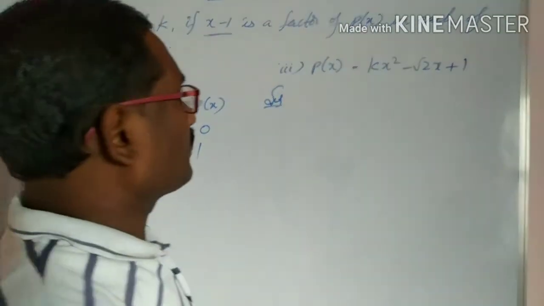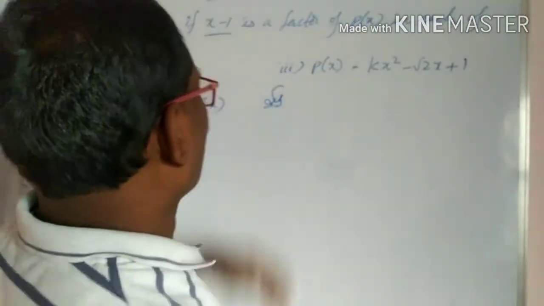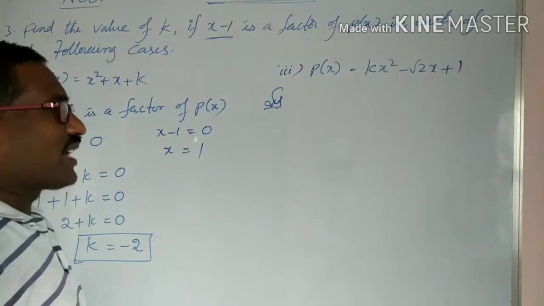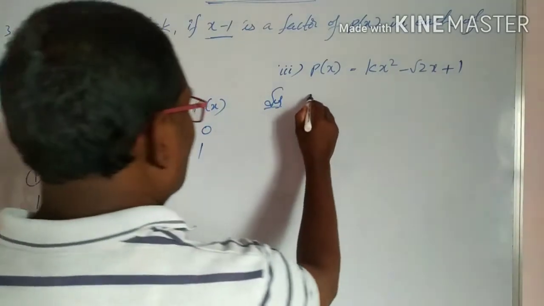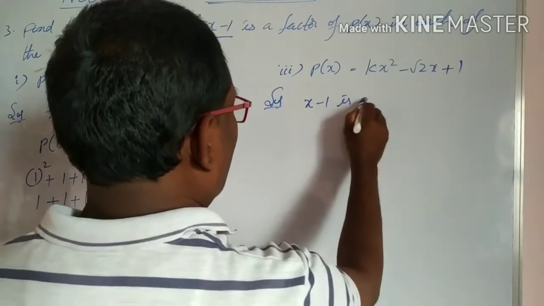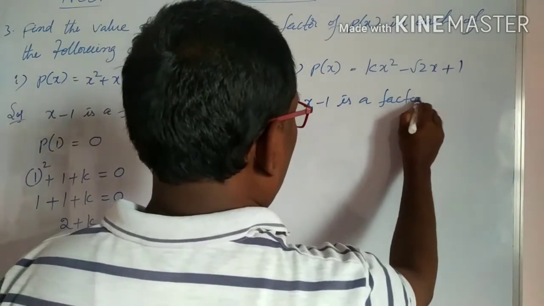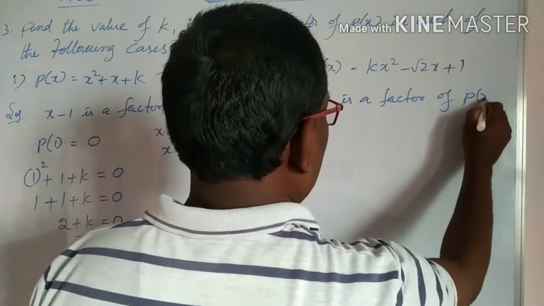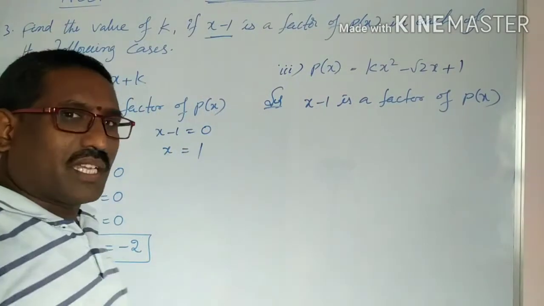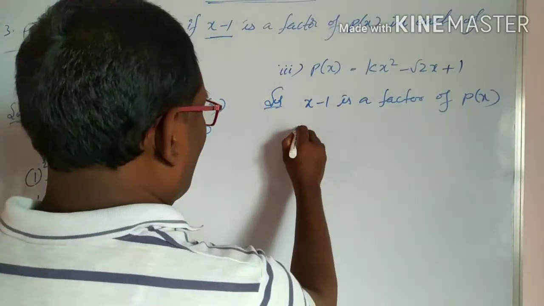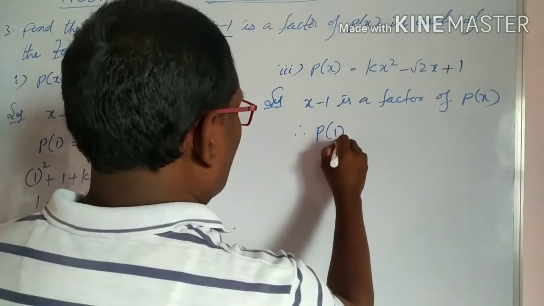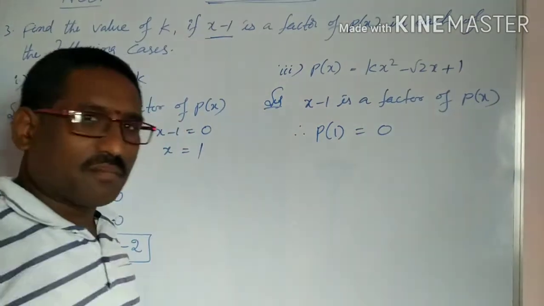See this problem, again same. What is that? x minus 1 is a factor. Here also write x minus 1 is a factor of p of x. Therefore, what is zero of x minus 1? 1. Here, therefore, p of 1 is equal to 0. Same procedure.